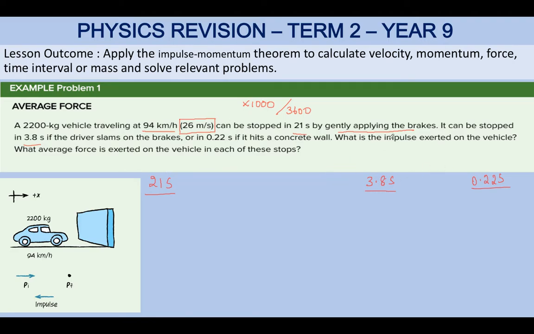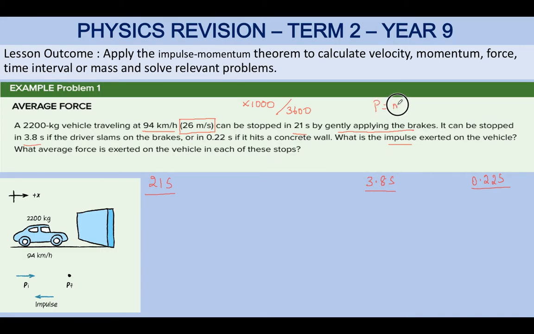Now, what's the question? What is the impulse exerted on the vehicle? That's the first part of the question. Second part, what average force is exerted on the vehicle in each of these stops? What you need to understand is that the change in momentum in every situation, the initial momentum does not change. Why? Because what's the formula for momentum?